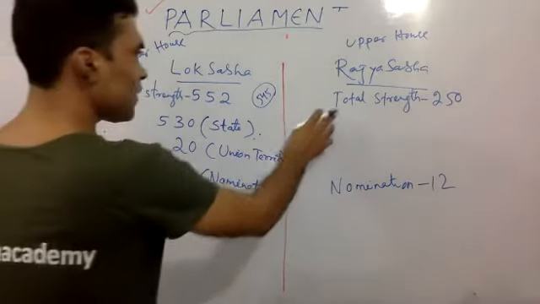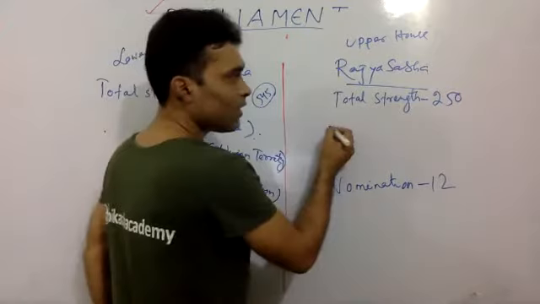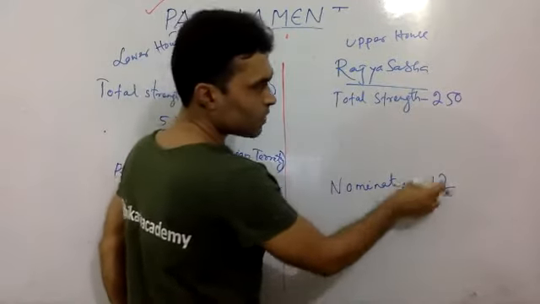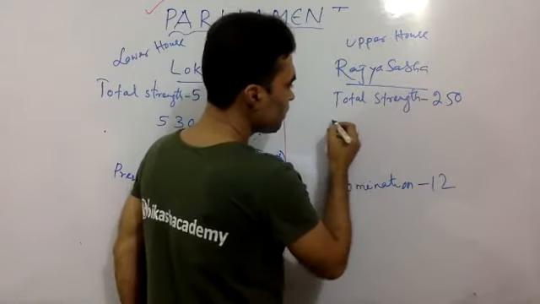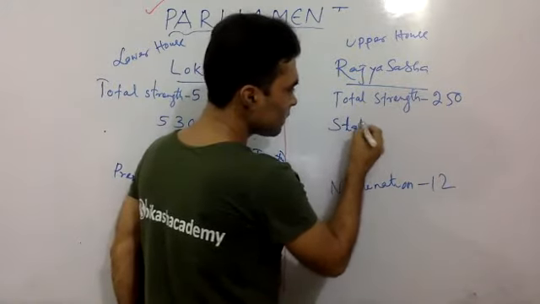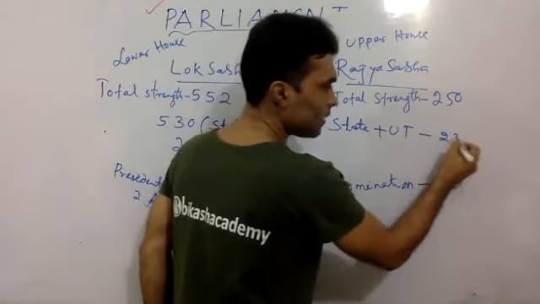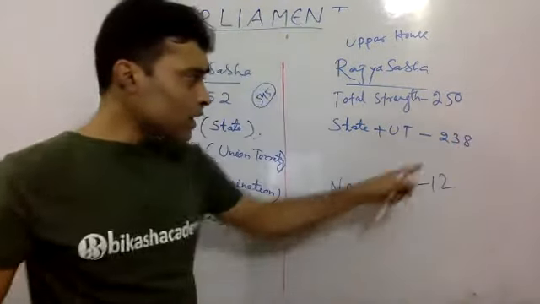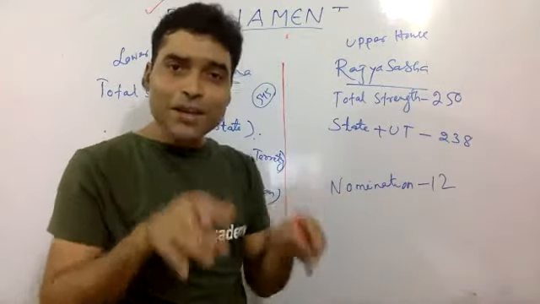So total strength here 250, nomination 12, and you should remember just minus it, from state plus union territory 238, right? So 238 members will be coming by indirect election.